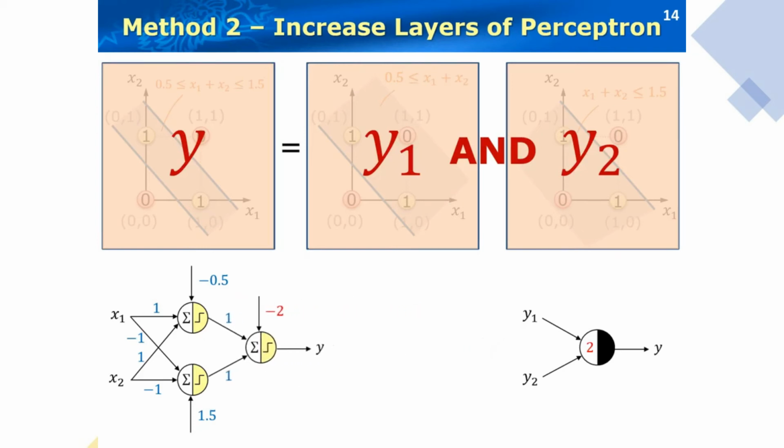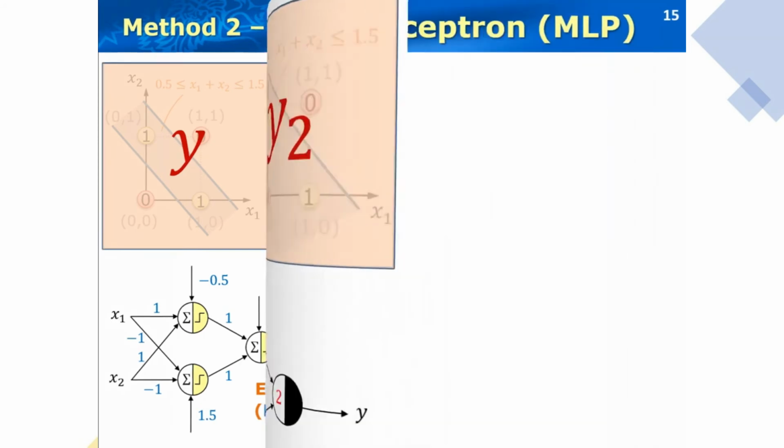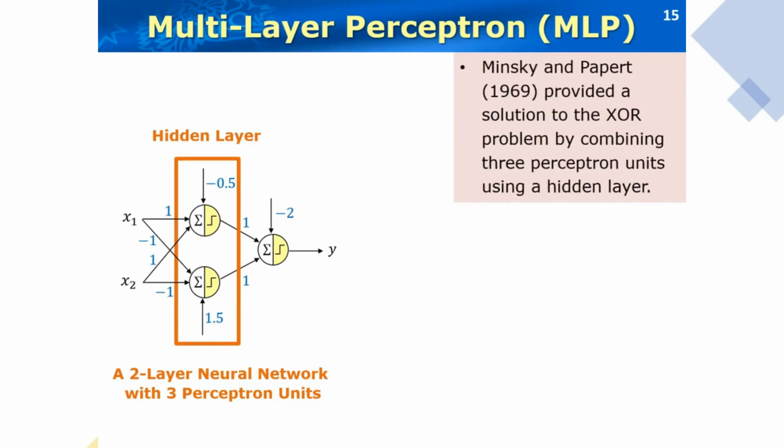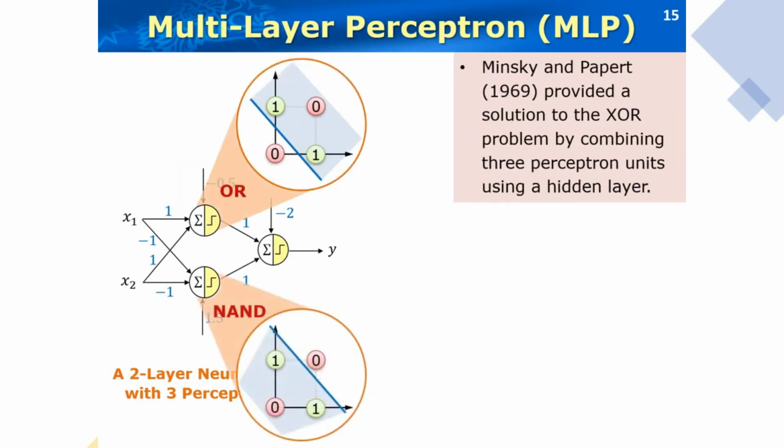This is the multi-layered perceptron which emulates the XOR gate. This solution to the XOR gate is provided by Minsky and Papert, who added a hidden layer to make a two-layer neural network with 3 perceptron units. This unit represents the OR gate, this one is the NAND gate, and this one is the AND gate.